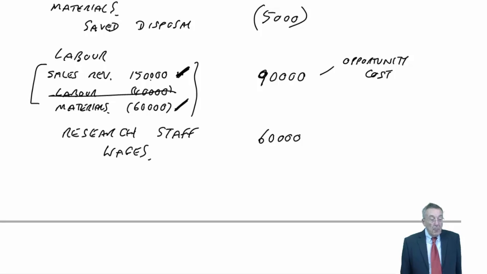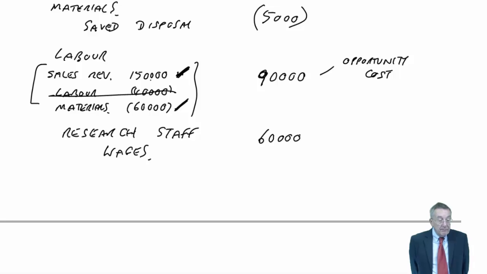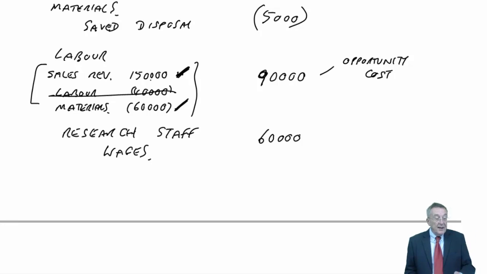In addition, there's redundancy and severance pay. Now remember, we're going to close the research department. If we close it now, we'll have to pay them 15,000 severance pay. But if we go ahead, in which case we don't close it until a year's time, we'll have to pay them 35.